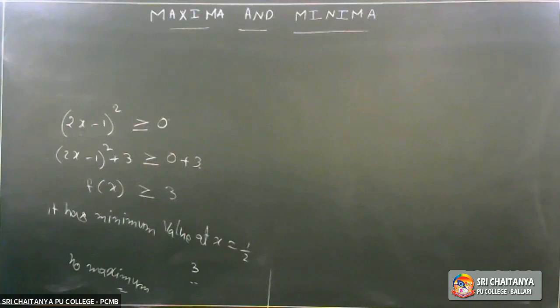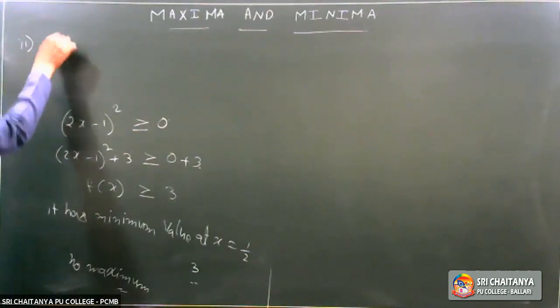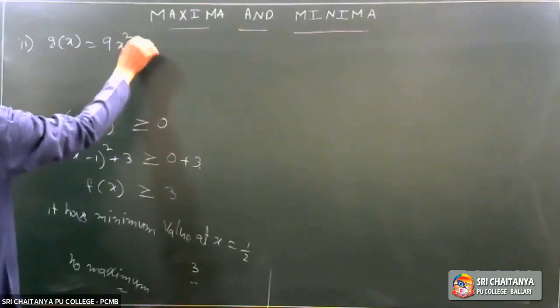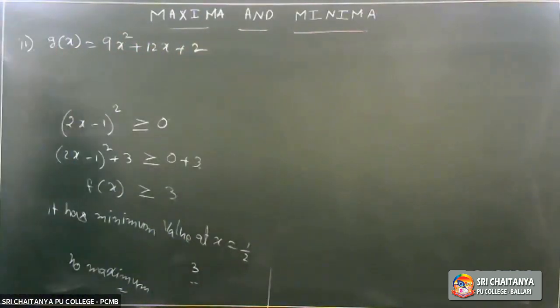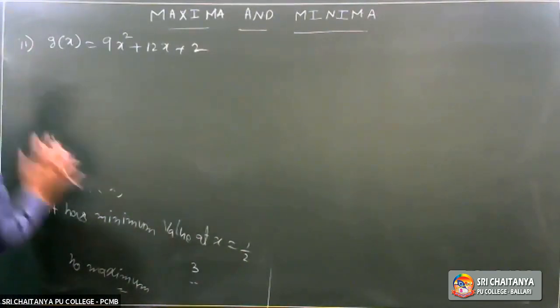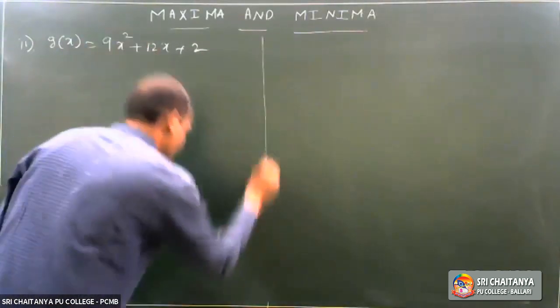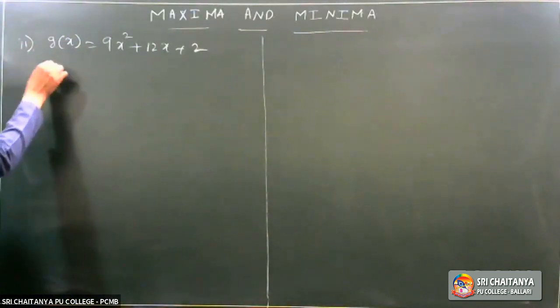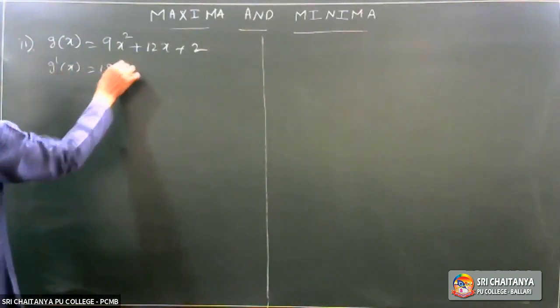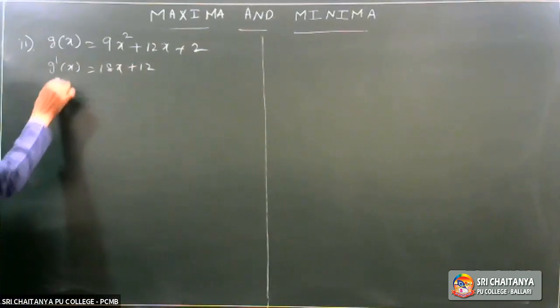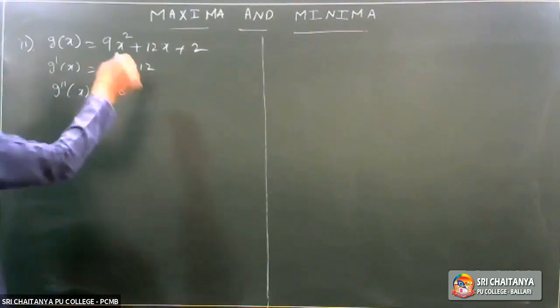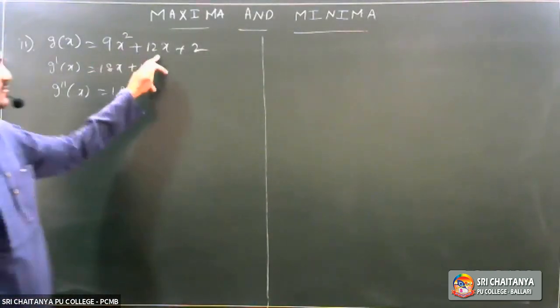Next, second question. 9x square plus 12x plus 2.